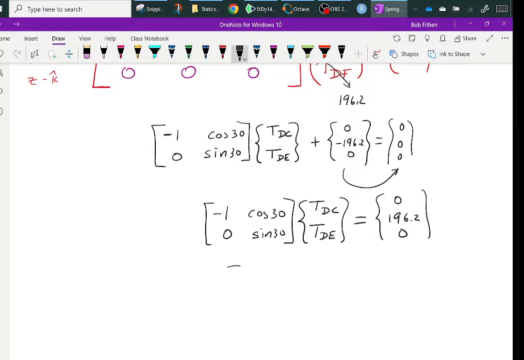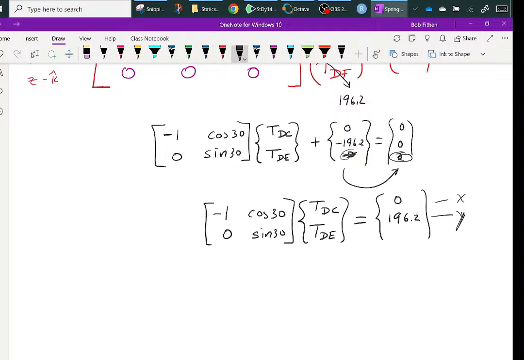This is now 2 by 2 multiplied by 2 by 1, and it cannot equal a 3 by 1. Three rows in one. So I've got to get rid of that. So it's a 2 because there's no z component here anyway. So the z can disappear, as long as that is the y and this is the x, I'm good.